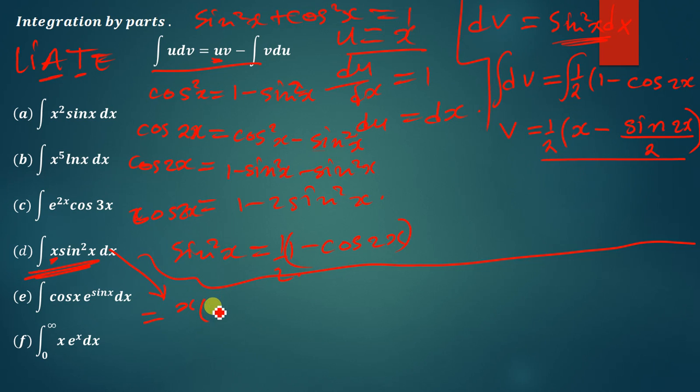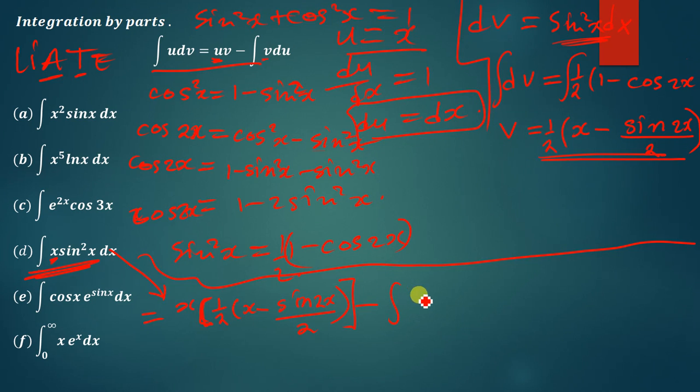So I'll write 1 over 2, then open brackets, we have x minus sine 2x over 2. Then we say minus the integral of v, and du we said is just the same as dx. This is what we found there.